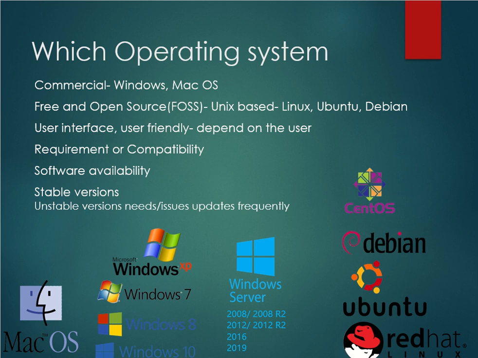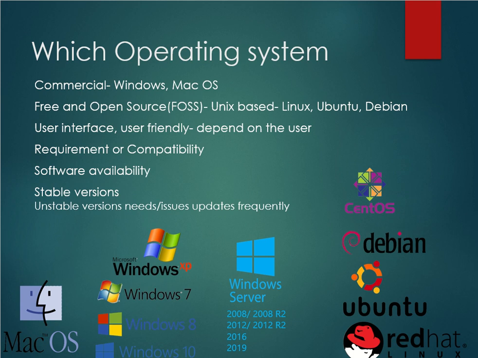And requirement or compatibility, that means you have a computer. Now when you're installing this operating system on that computer, first of all you must refer to the system resources, the amount of RAM, hard disk capacity, the CPU, because now most commonly we are using Windows 10.